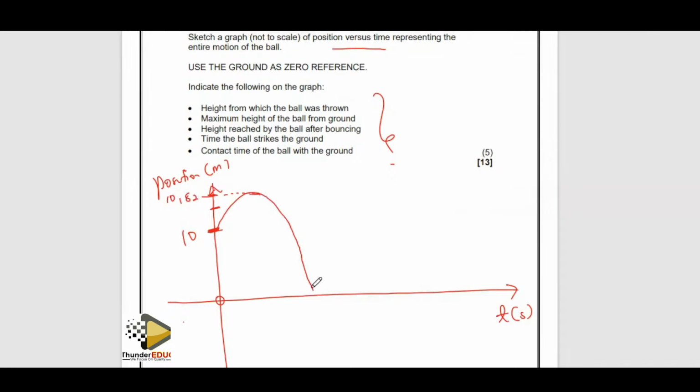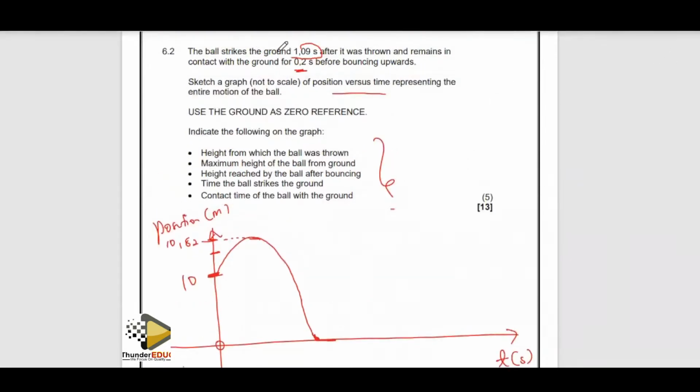And then this moves. It hits rock bottom. They are telling us it spends some time on the ground. At what time does it strike the ground? This is 1.09. It stays on the ground for 0.2, so 1.09 plus 0.2 is 1.29.